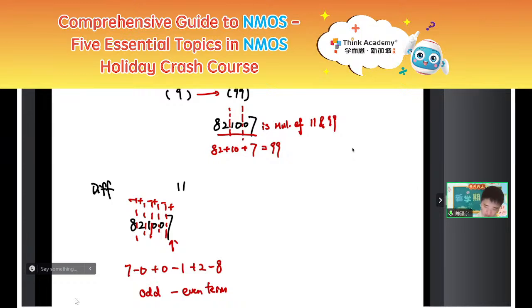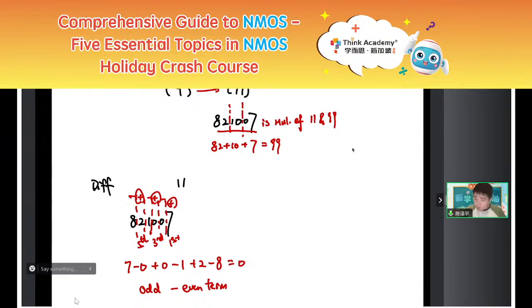By odd terms, I mean the first term, the third term, the fifth term. I add all of these terms together, and then I subtract all the second term, the fourth term, and the sixth term. All right, so you see, this equals 0, which is a multiple of 11. And that's why we can also conclude that this is a multiple of 11. Okay, so this is for 11.